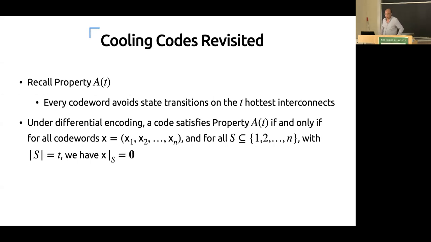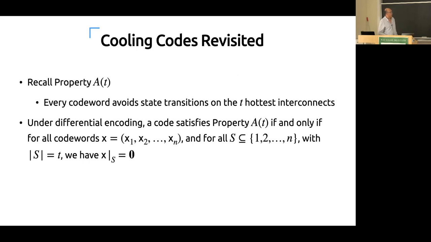With differential encoding, I went back to look at the cooling codes again, codes that cool interconnects. Recall property AT means that every code word has to avoid state transitions on the hottest interconnects.